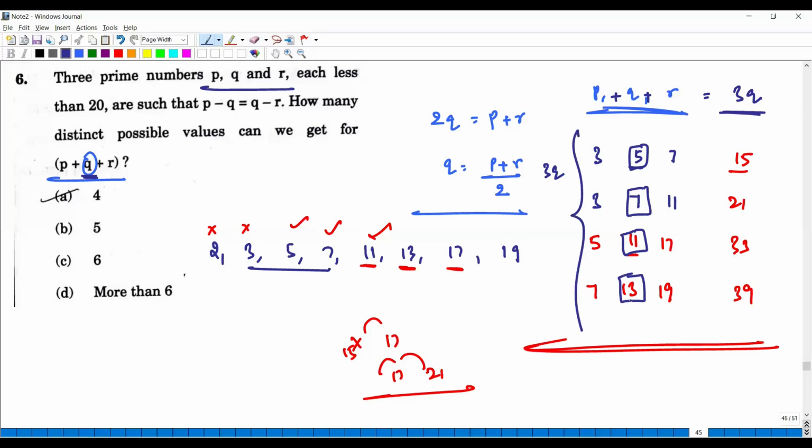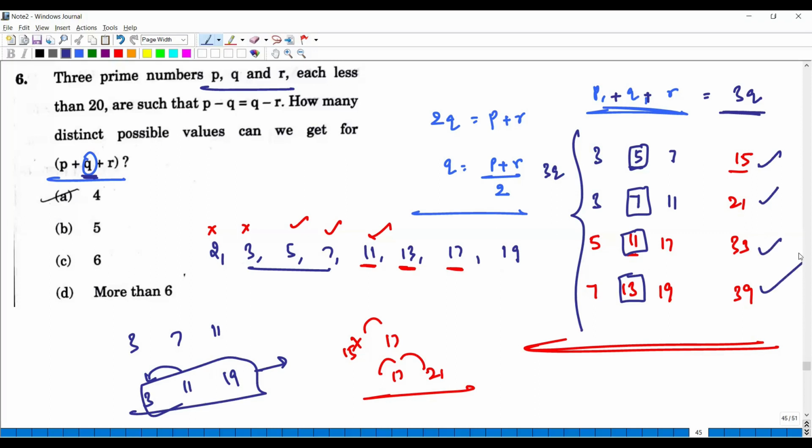There may be more pairs, for example with 11 in between: 11 minus 8 is 3, 11 plus 8 is 19, I can take this pair also. But the sum is anyway 33 only. So I want the unique sum. So there are only 4 pairs which will give you the unique sum. So the answer is 4.